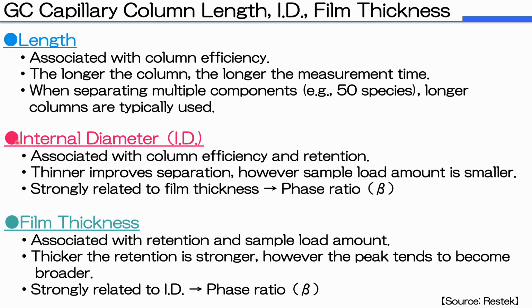And internal diameter is associated with column efficiency and retention. Thinner improves separation. However, sample load amount is smaller. And internal diameter is strongly related to the film thickness and is represented by an index called phase ratio beta, which will be explained later.